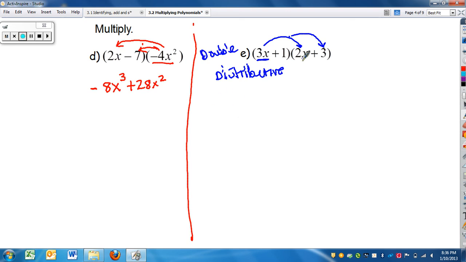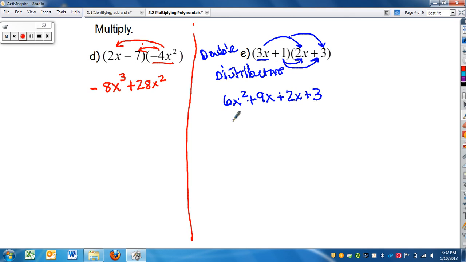So I go 3x times 2x to give me 6x squared. Then I go 3x times 3 that gives me 9x. Then I'm going to distribute the second term, the 1. So I'm going to go 1 times 2x, which is 2x, and 1 times 3 is 3.